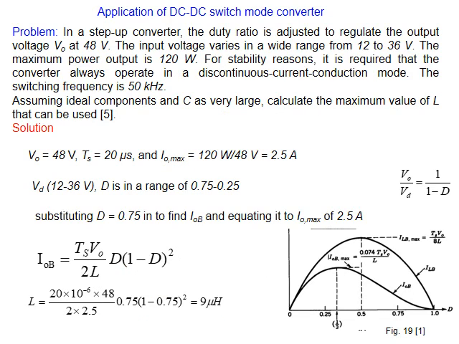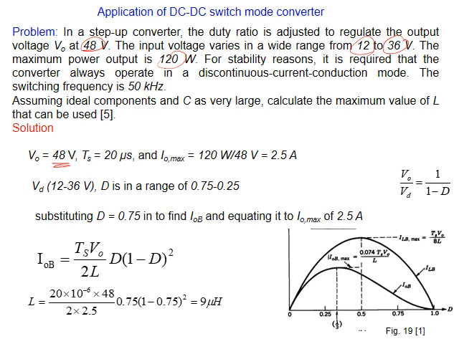In a step up converter, the duty ratio is adjusted to regulate the output voltage. This is the output voltage. The input voltage varies, the input voltage is changed. The maximum power output is given as 120.